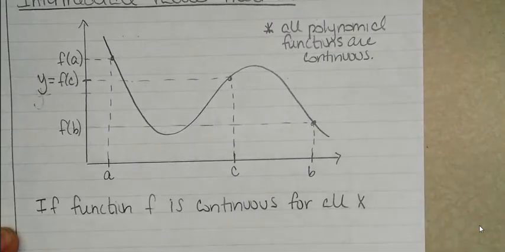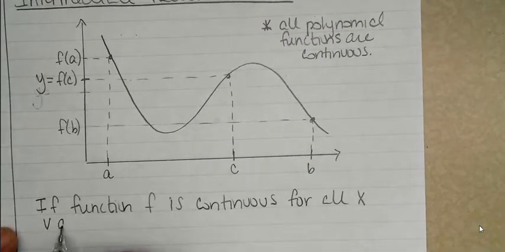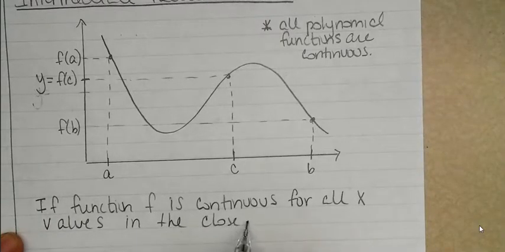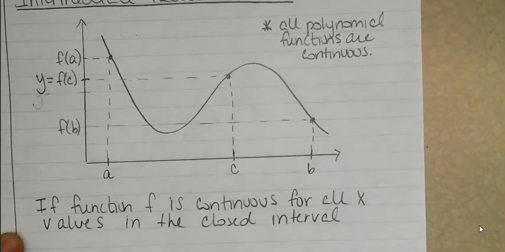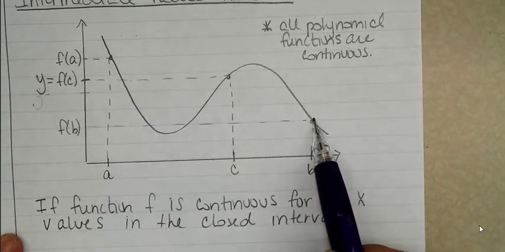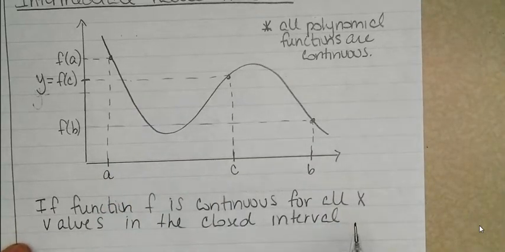All right, so if function f is continuous for all x values in the closed interval. Closed interval means that the endpoints are included. Okay, so we would include a in there and we would include b in there. Okay, so in the closed interval, and that's why we use brackets to denote that.